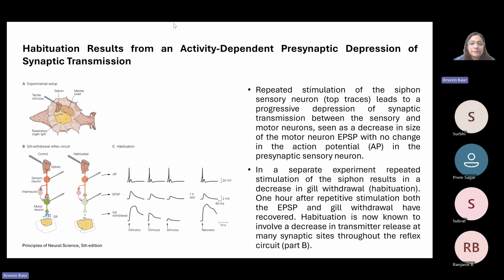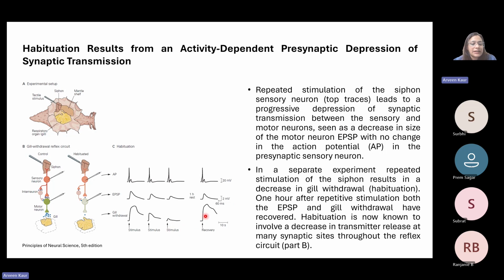But repeated stimulation of the siphon sensory neuron leads to a progressive depression of synaptic transmission between sensory and motor neurons, seen as a decrease in size of the motor neuron EPSP with no change in the action potential in the presynaptic sensory neuron. So you can see the end plate potential is also decreasing.